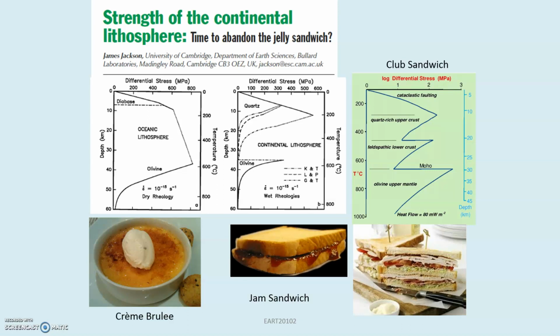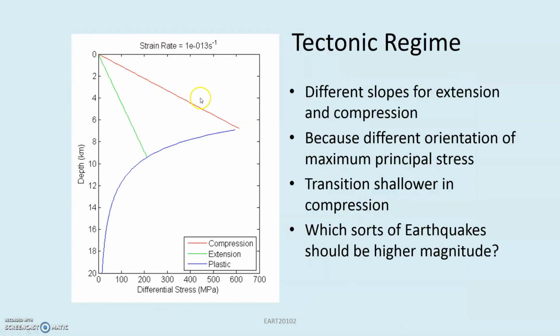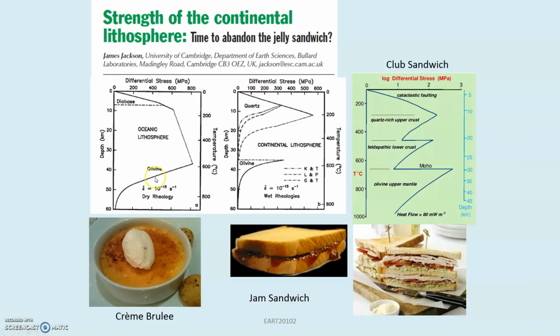Now, these strength envelopes, we've just drawn a simple one for one material. They can be a little bit more complicated than this. So this is one for oceanic lithosphere, and then for continental lithosphere we get a change in strength when we go across the Moho between the continental crust and the mantle below.